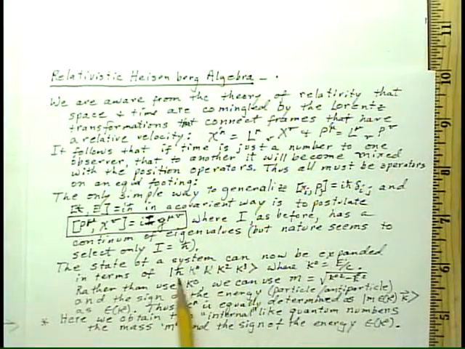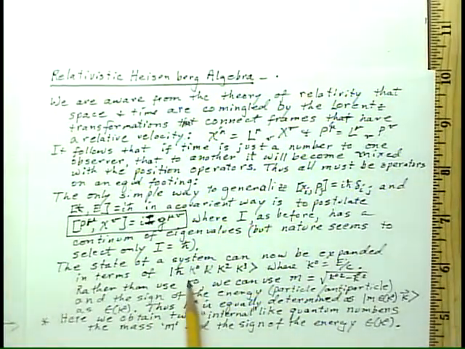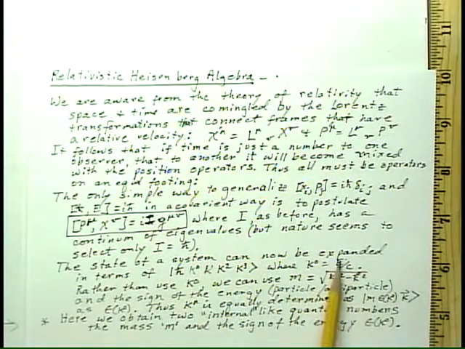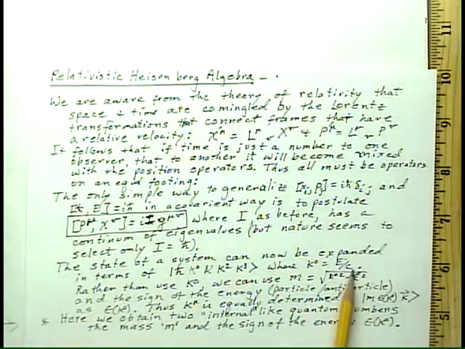The state of the system can be expanded in 2 ways. One way is we could expand it in terms of a momentum eigenspace, eigenvalues, in which case we would diagonalize h bar k naught, k1, k2, and k3, and these are the eigenvalues of momenta. Now you'll recall that k naught is energy divided by c.